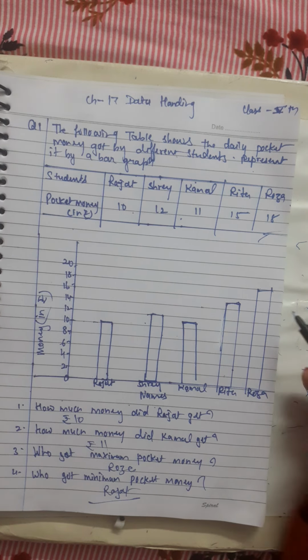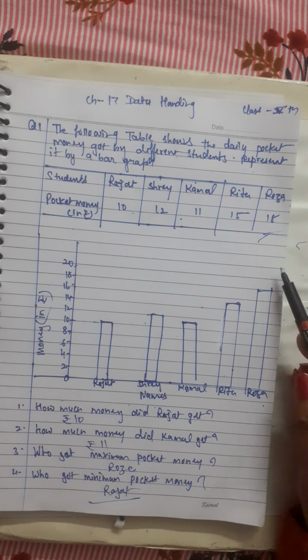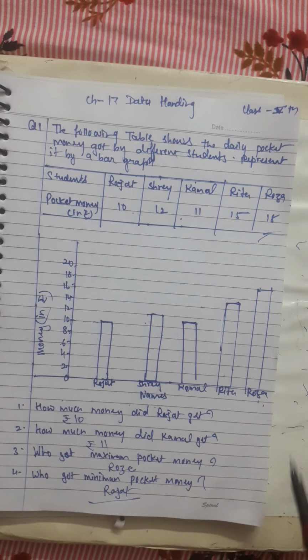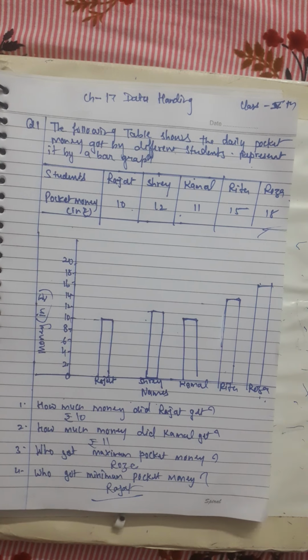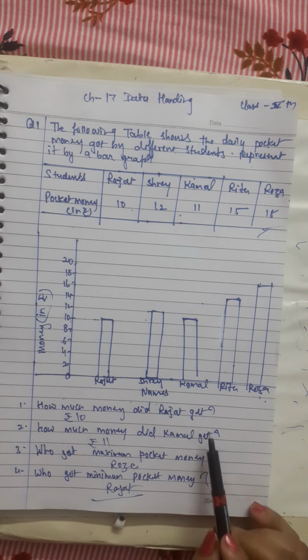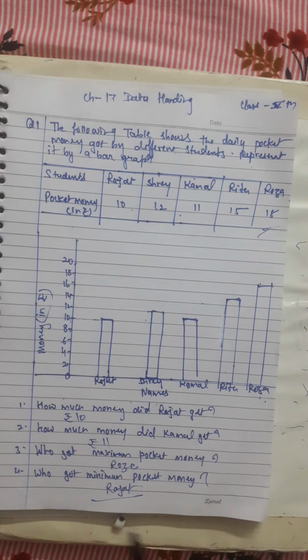Now how much money did Rosa get? Rosa got 18 rupees, so we will draw the bar of Rosa's money till 18, till here. In this way we can represent the given information in the bar graph. Now we will find the answers on the basis of the given bar graph. How much money did Rajat get? Rajat got 10 rupees.